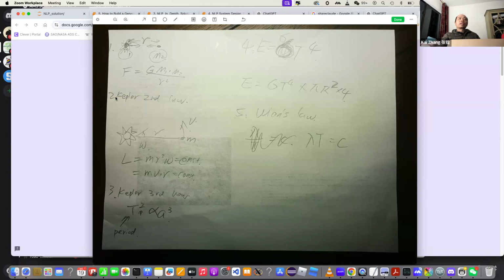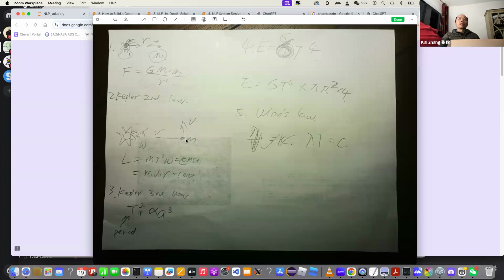Okay, so the second law is Kepler's second law. What it tells you is, for example, this is the sun, and this is the Earth, and it moves at the speed of v, where v is short for velocity.